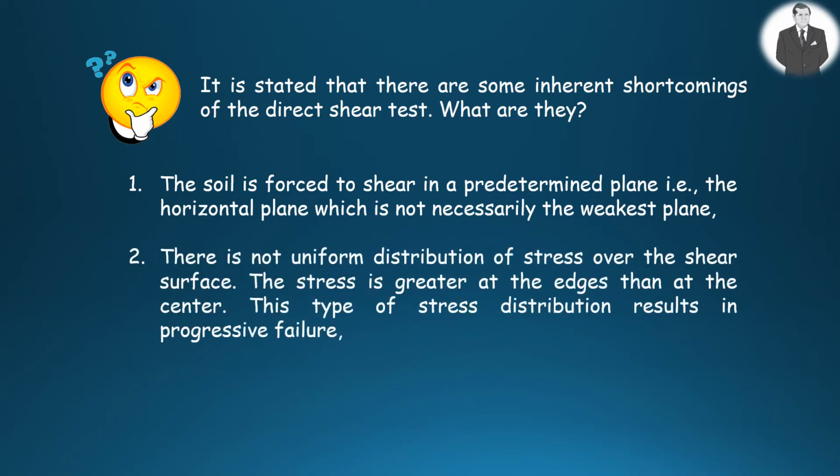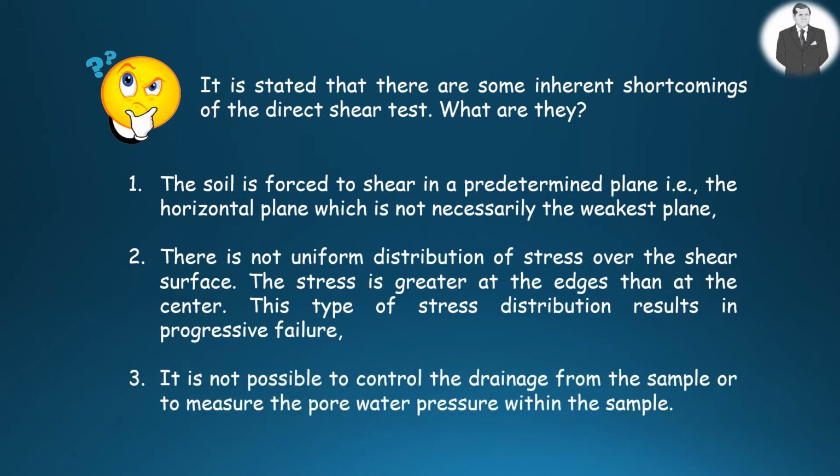And secondly, there is no uniform stress distribution over the shear surface. The stress is greater at the edges than at the center. This type of stress distribution brings about progressive failure. And finally, it is impossible to control the drainage from the sample or to measure the pore water pressure within the sample.